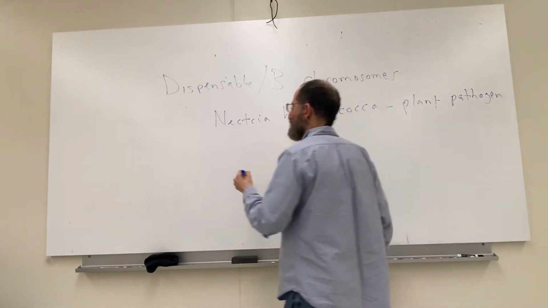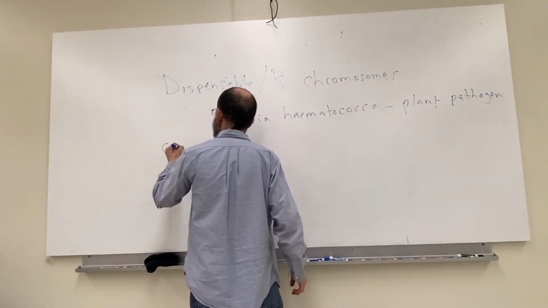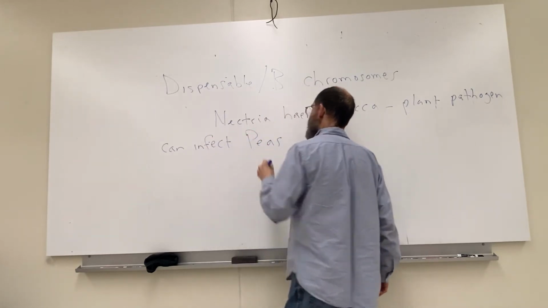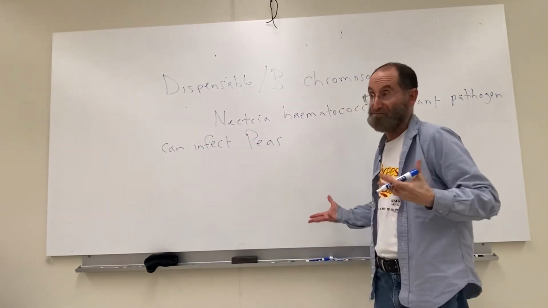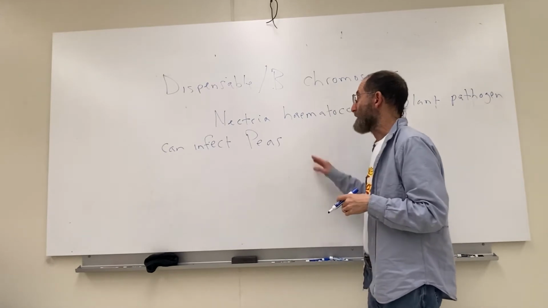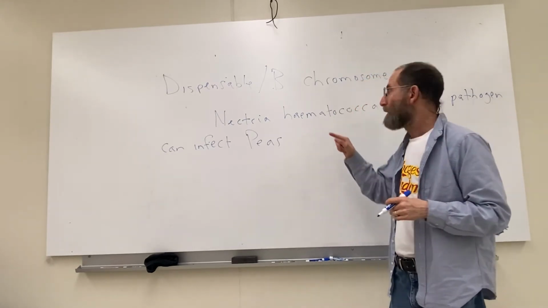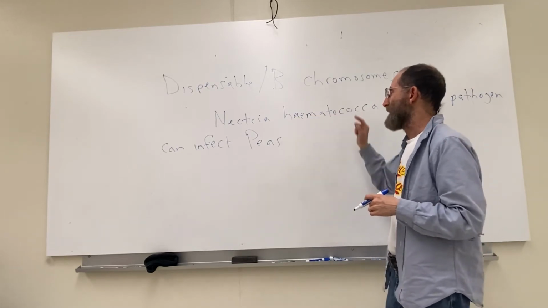One of the crops it can infect is peas, right? Peas, people like to eat peas. That's an agricultural product. It can infect those plants and cause disease. But not all individuals of Nectria hematococca can do that.